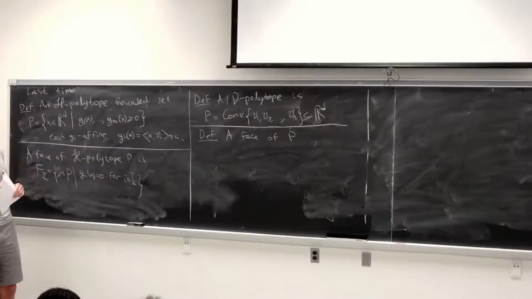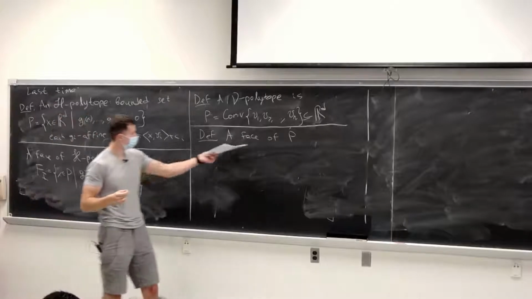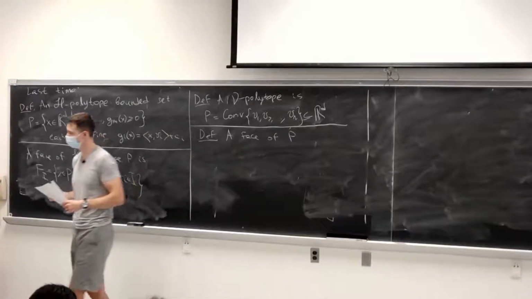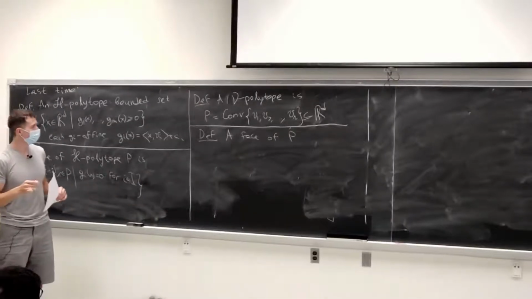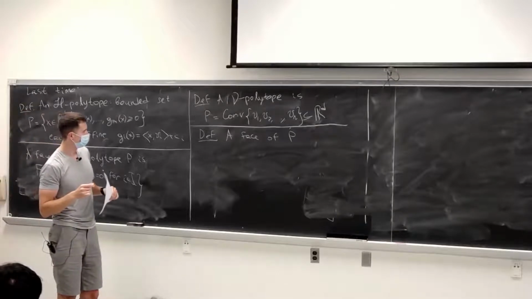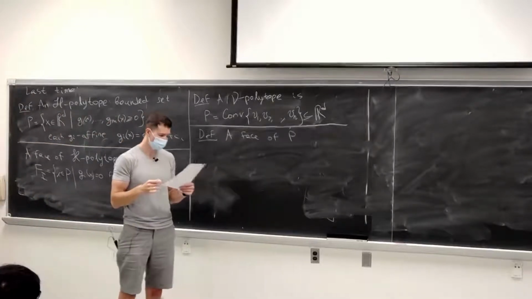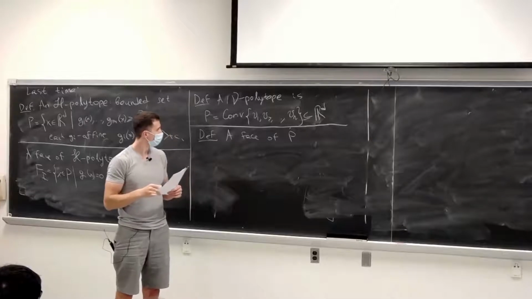Some people actually succeeded in giving the mathematically correct definition of a face, but perhaps nobody said the most convenient one, which I am going to try to present right now.